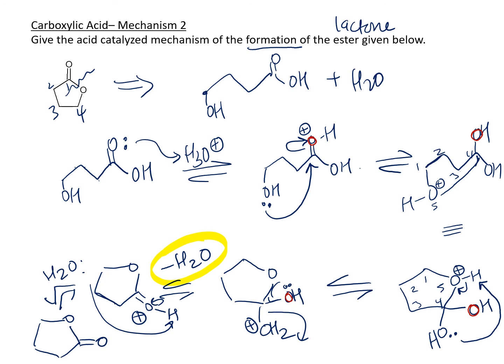The alcohol is coming from within the compound, not coming externally, so internal cyclization. That's it. I don't know what else to tell you about this mechanism, except that because it's cyclic, sometimes our mind gets turned around, so you have to practice it once or twice to understand it fully.